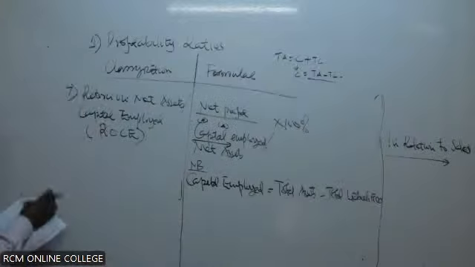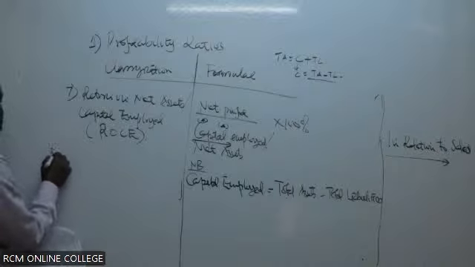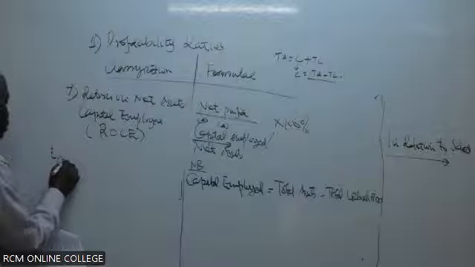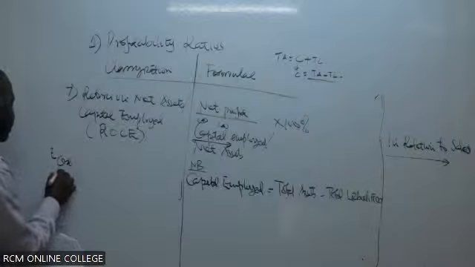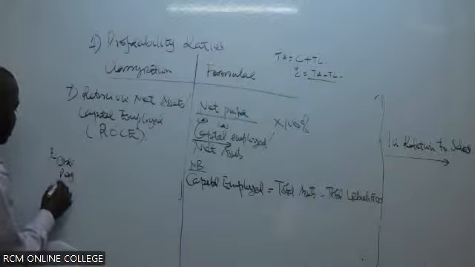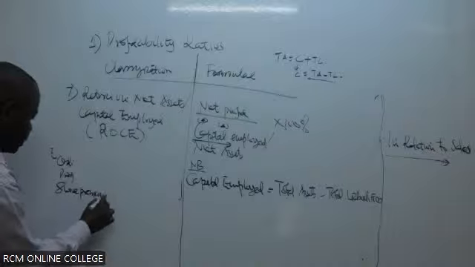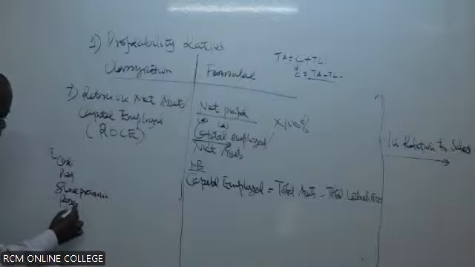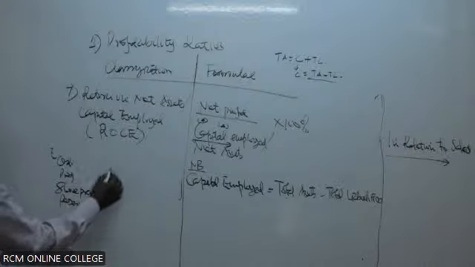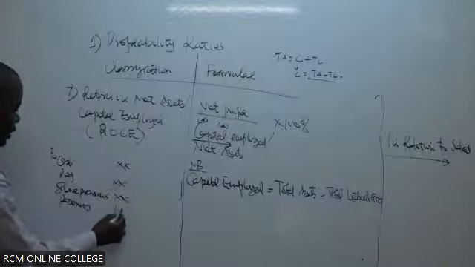Because with capital, in the balance sheet they indicate under equity, capital and equity, maybe ordinary share capital, preference share capital, maybe debentures, share premium, and reserves. So let's assume these are the elements in the balance sheet.